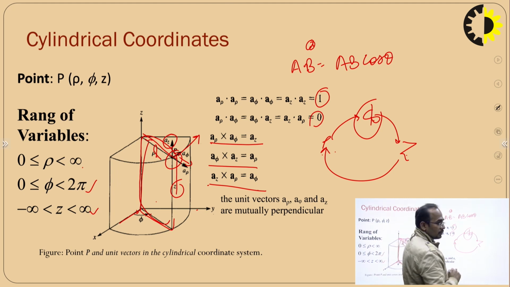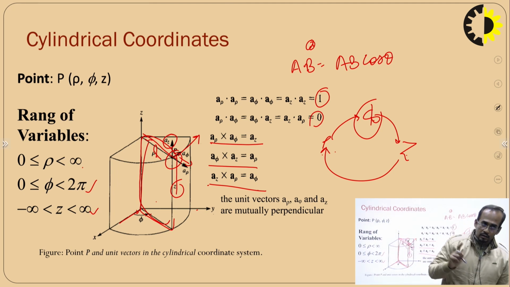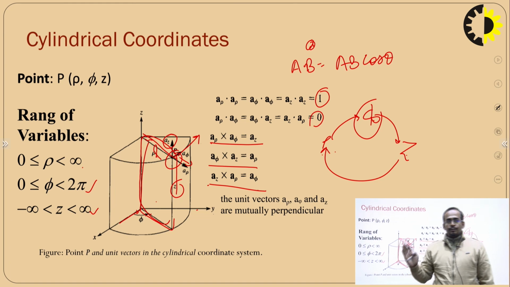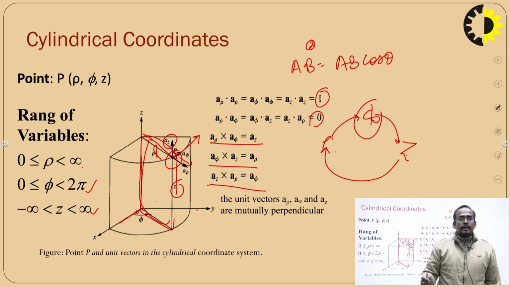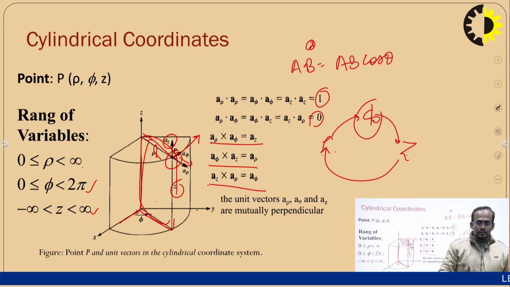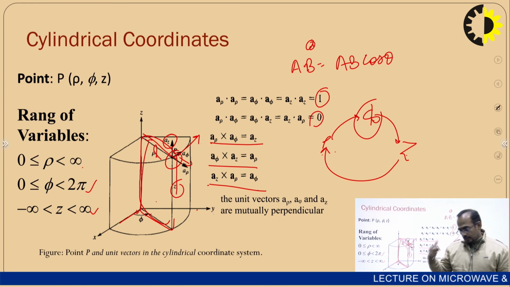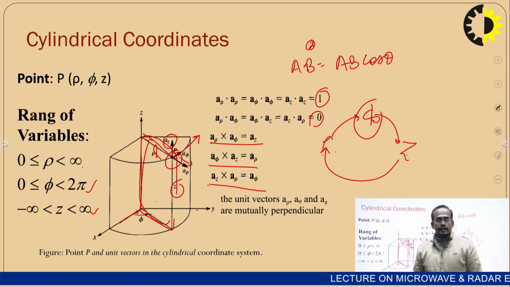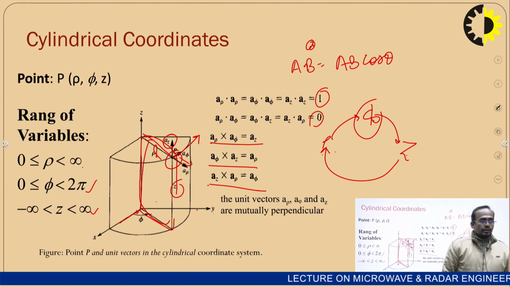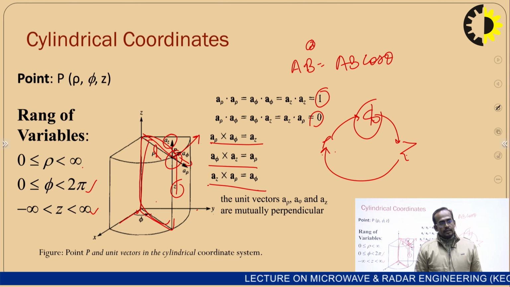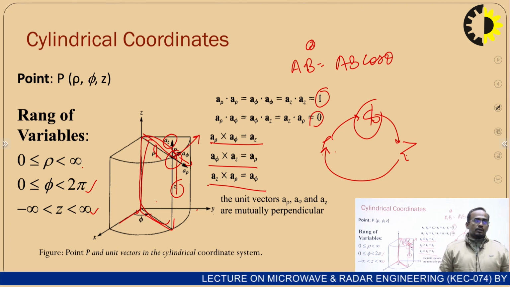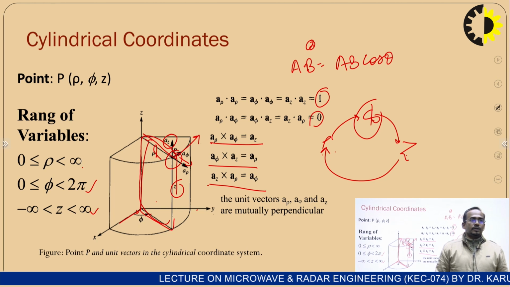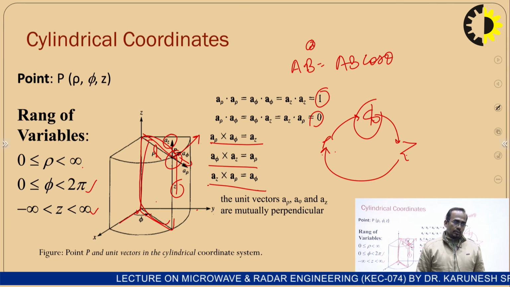This is true. Or you can say this cross product is positive only when you are moving in clockwise direction. If you are moving in anti-clockwise direction, then this cross product will be negative. So in this way we can represent the dot product, cross product, and range of variables in the cylindrical coordinate system.